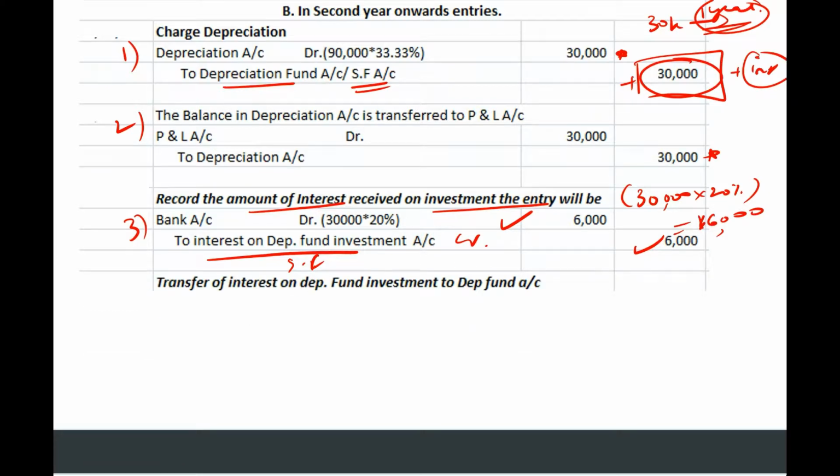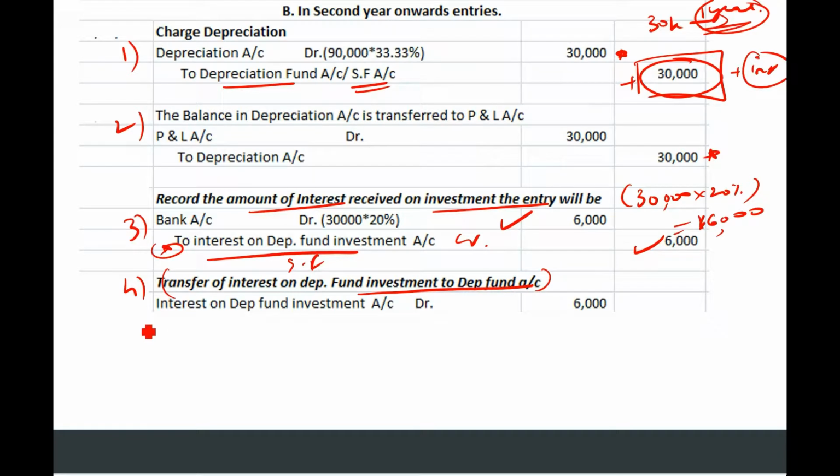After this, the fourth entry will be transfer of interest on depreciation fund investment account to depreciation fund. Since this interest is received, it needs to be transferred. In a normal scenario, it is transferred to profit and loss account, but whenever we are doing the sinking fund method, it needs to be transferred to the depreciation fund account.